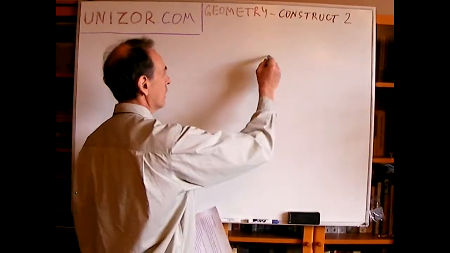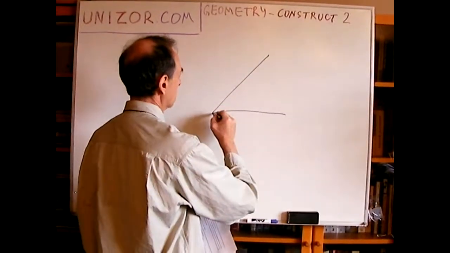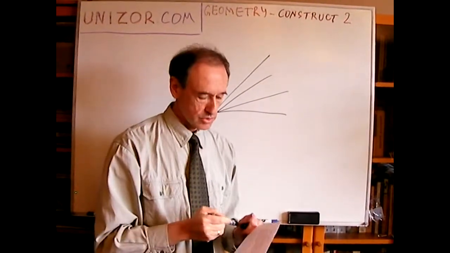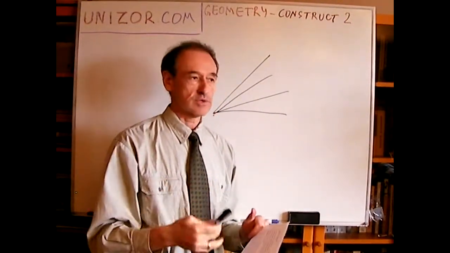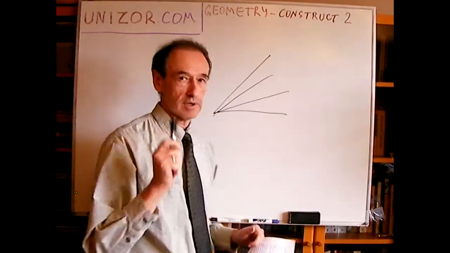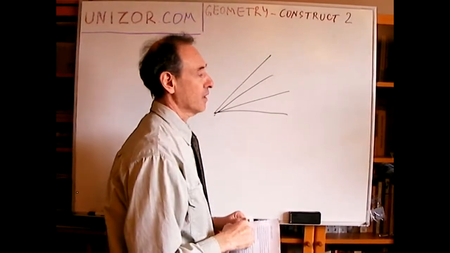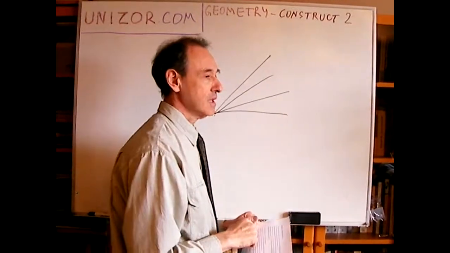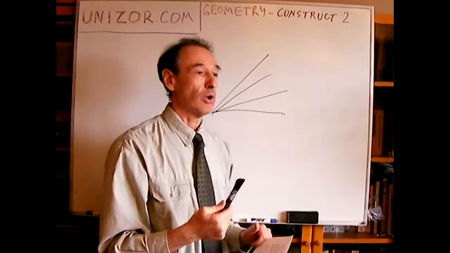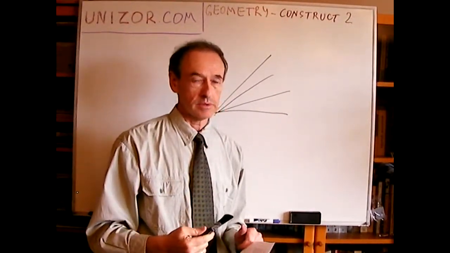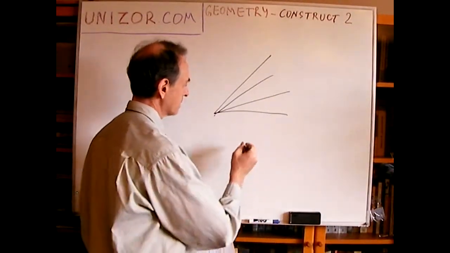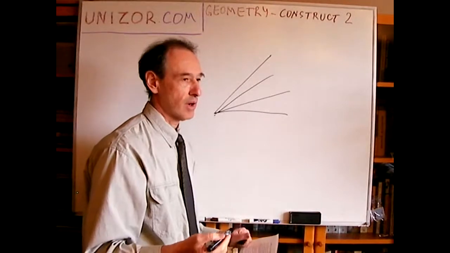So if you want to divide any angle in 3 equal parts, this is not possible to do using the tools of elementary geometry. However, what is possible to do is to build an angle which is as close as we want to 1/3 of a given angle. And this is based on the following thing.